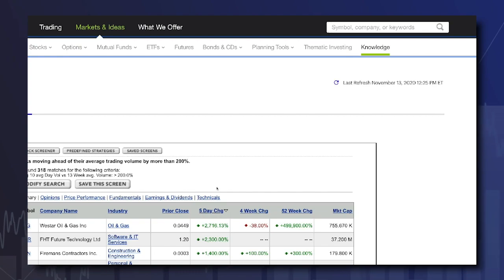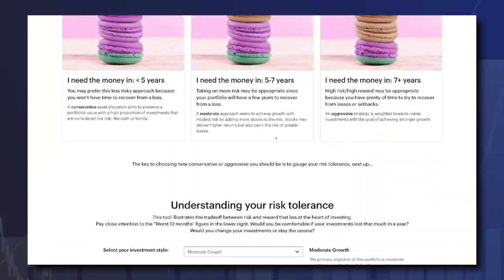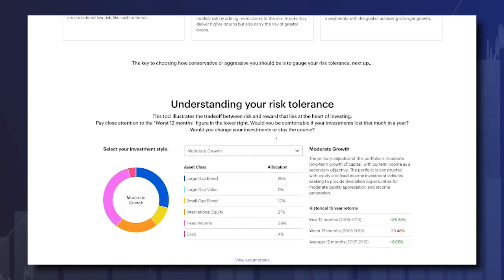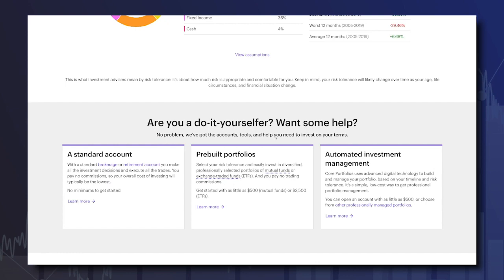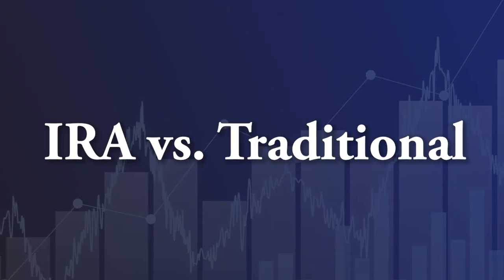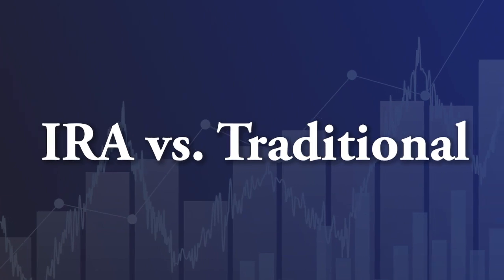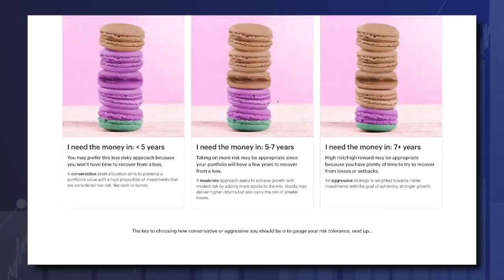There's some pretty cool, interesting things in there. Nothing's earth-shattering, but it breaks it down in pretty simple ways. You can put your own individual information in here, some interesting calculators. It helps you figure out what kind of account you want, IRA versus a traditional brokerage account, 401k, that sort of thing.